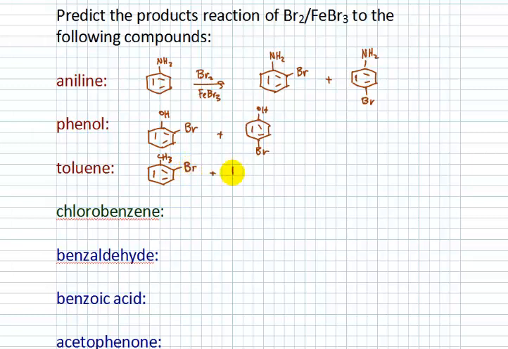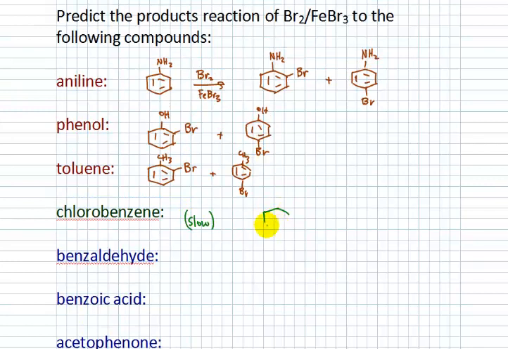Ortho-bromo-toluene and para-bromo-toluene. Chlorobenzene, also ortho-para directing. Although it's a deactivator, the reaction will be slower, right? So, chlorine and bromine, ortho, chlorine and bromine, para.